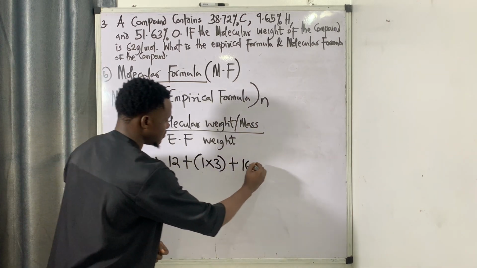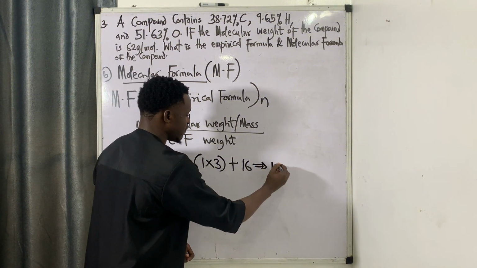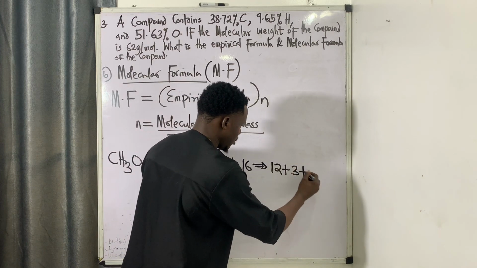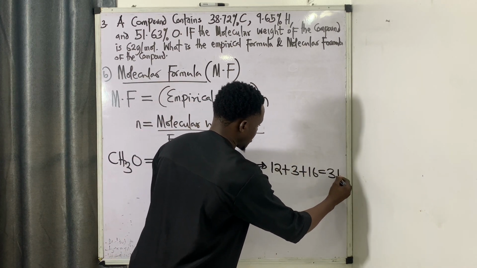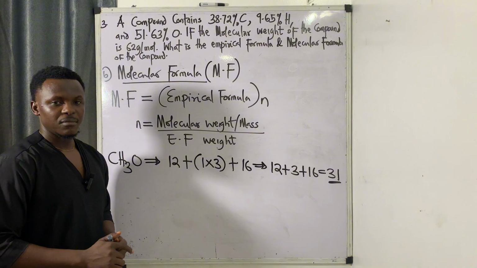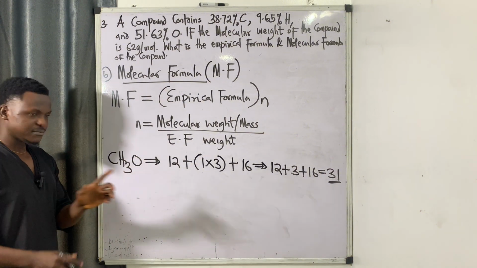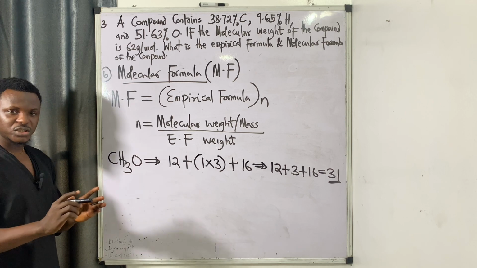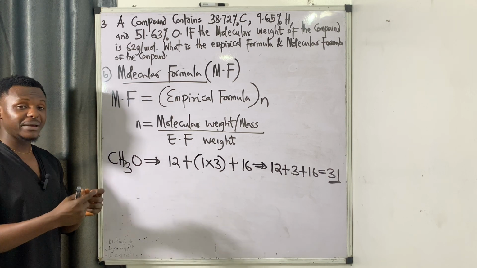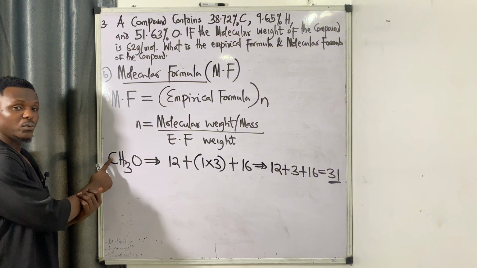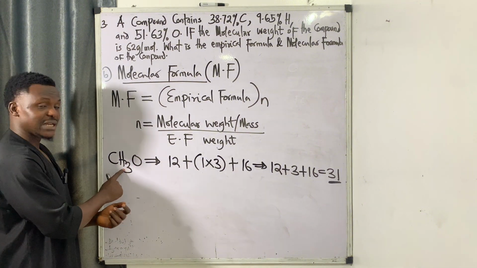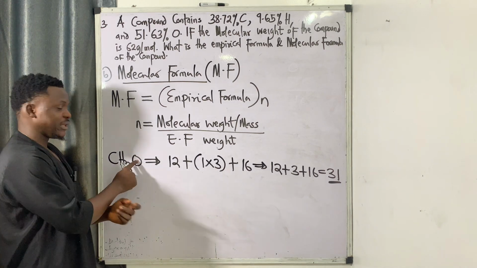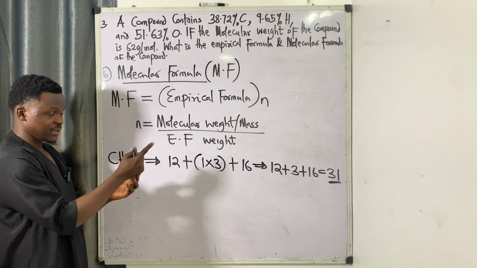Now this is 12 plus 3, that's 15, plus 16, that is 31. Empirical formula weight is very simple. Calculate the molar mass of the empirical formula, taking into consideration the elements and how many times they are appearing. Carbon is appearing once, 12 times 1 is 12. Hydrogen is appearing 3 times, molar mass of hydrogen is 1, 1 times 3 is 3. Molar mass of oxygen is 16, 1 times 16 is 16.